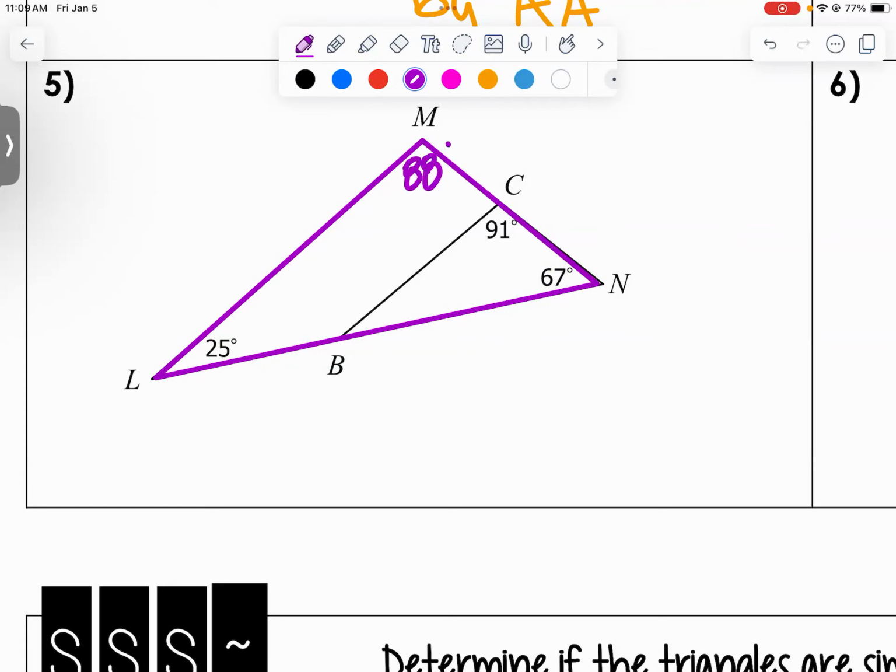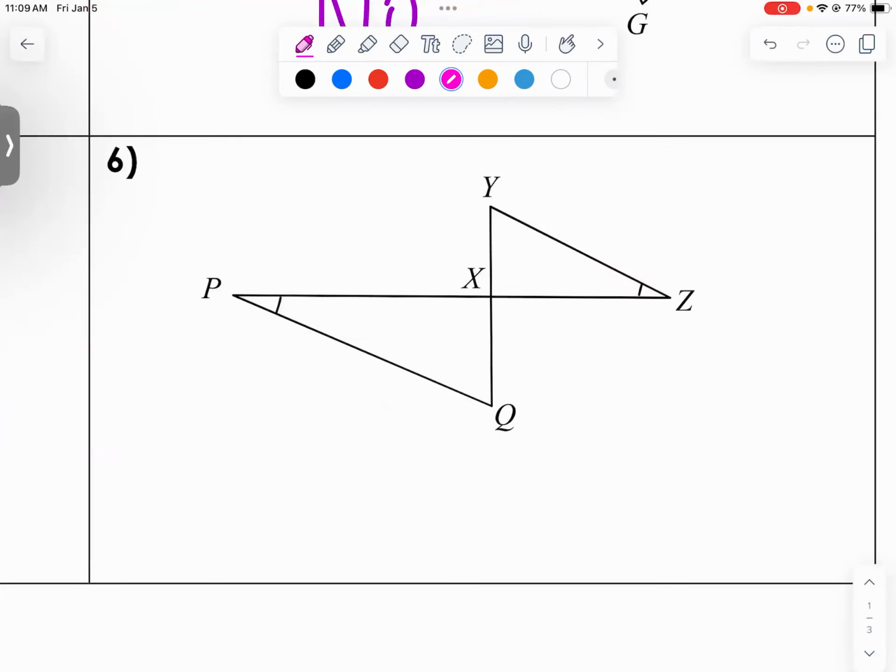So this is 88 degrees. If I draw the small triangle, what would this angle be right here? 22. We don't have angles that are matching up here. Darn it.